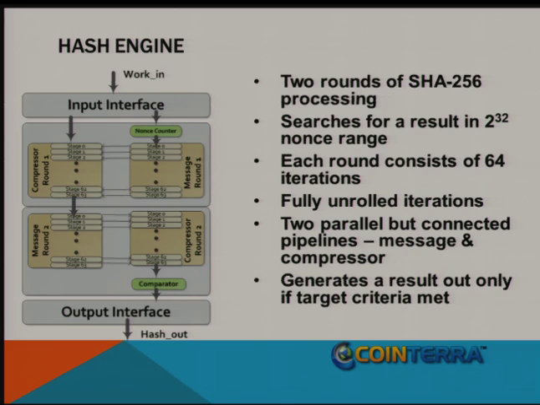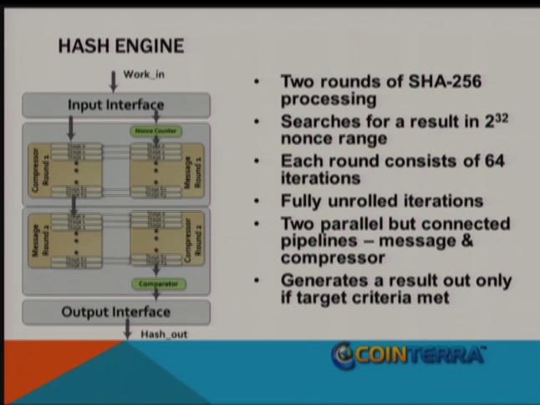Now let's look at one of the hash engines. The input interface transfers or loads a new work from the input FIFO into the hash engine. Each hash engine performs 2 rounds of SHA-256, and the SHA-256 algorithm itself has 64 iterations.